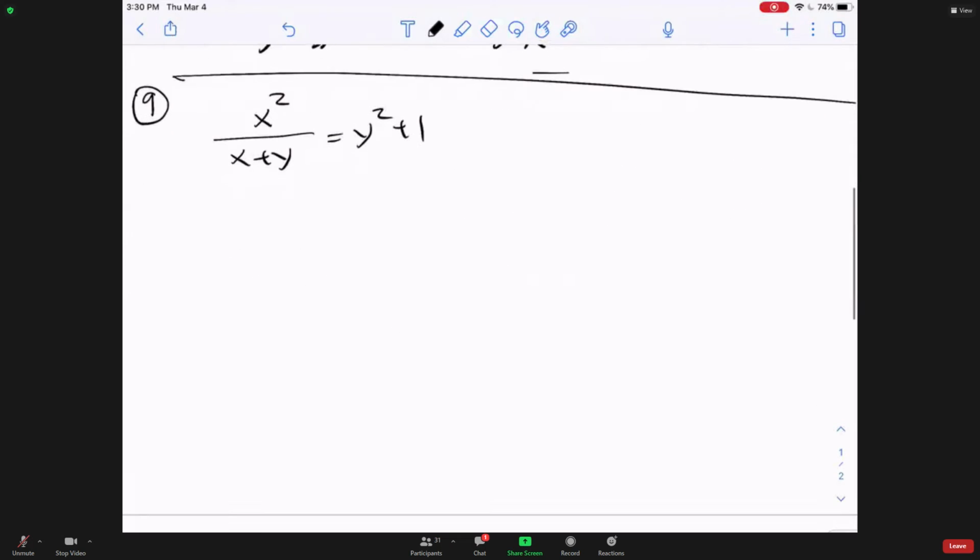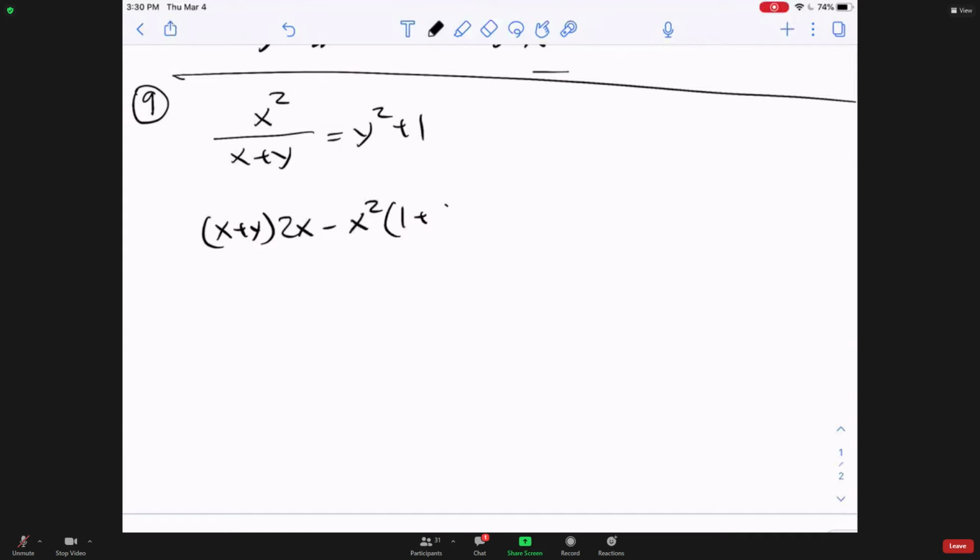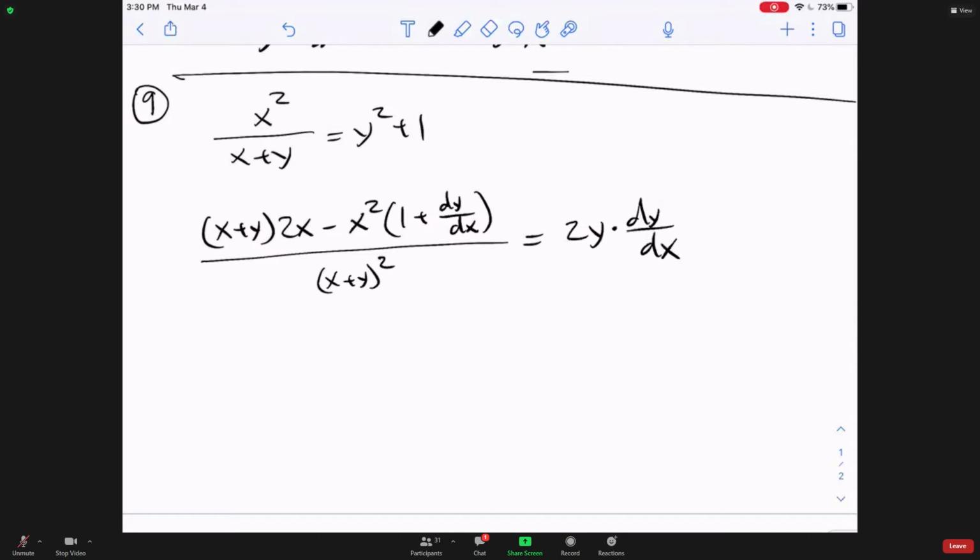So bottom times the derivative of the top minus top times the derivative of the bottom. Derivative of x plus y is 1 plus dy over dx. All over bottom squared. Equals the right side, which is the derivative is 2y times dy over dx. Derivative of 1 is 0.